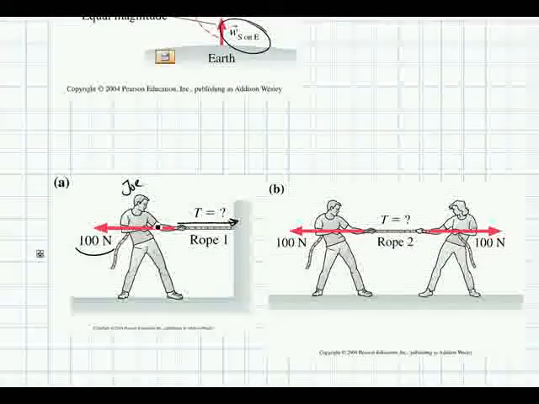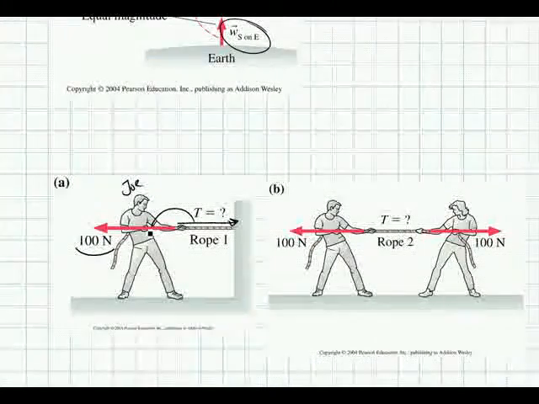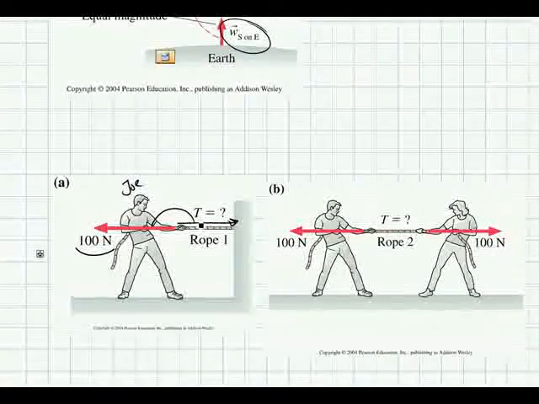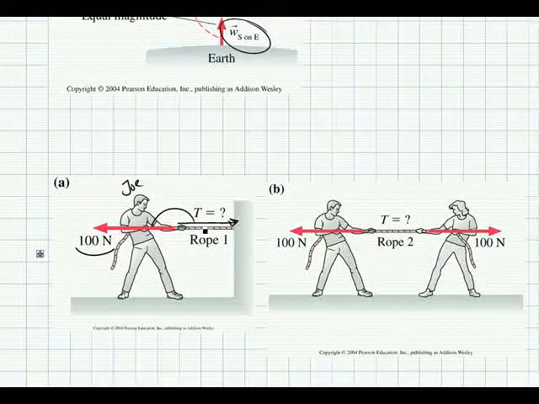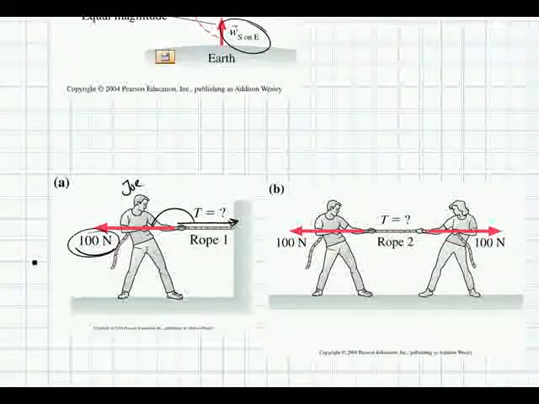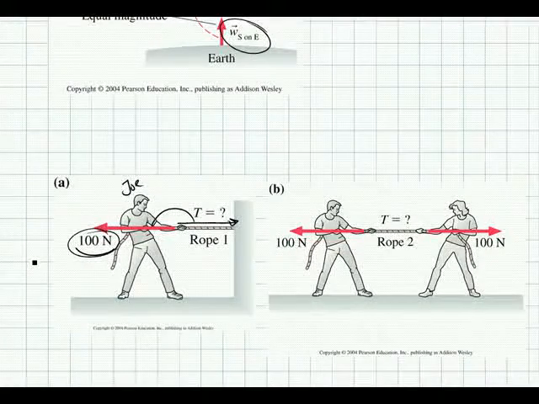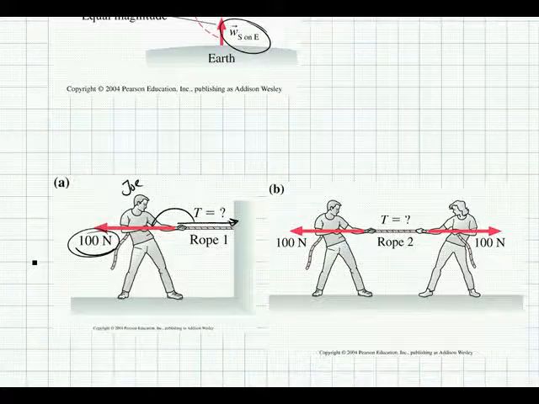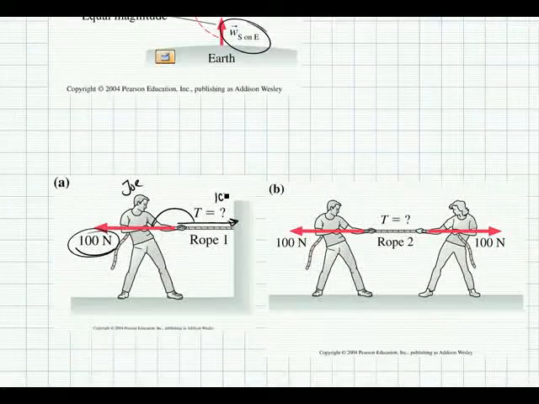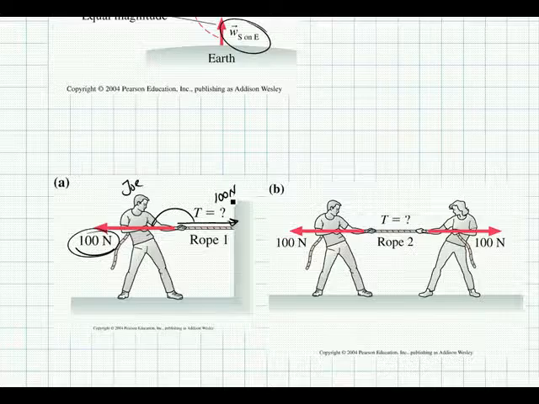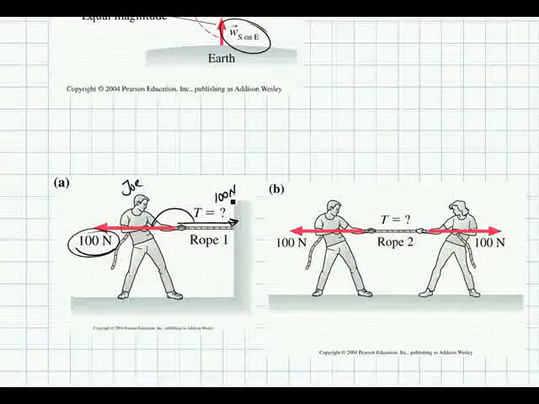So obviously these two forces form an action-reaction pair. The tension is the force that the rope exerts on Joe, and the 100 newton force here is the force that Joe exerts on rope. So they fall on different free body diagrams, and since we have an equilibrium, then the tension in the rope must also be 100 newtons in magnitude, but opposite in direction, of course.